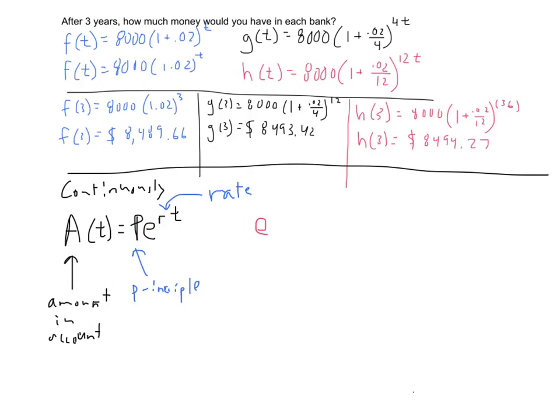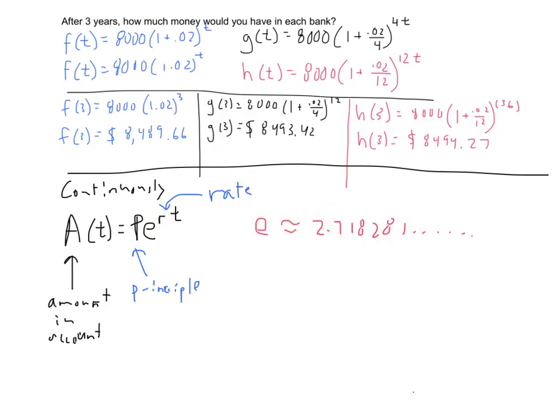And there's more to it than that, but we can talk more about that later. E is this number that's approximately 2.71828. It just goes on forever, just like pi. So in order to compound something continuously, we need this special number E.